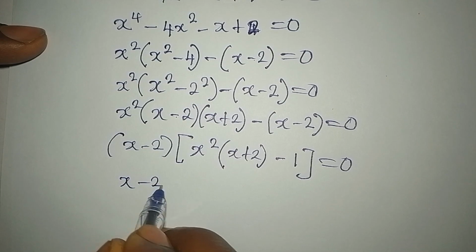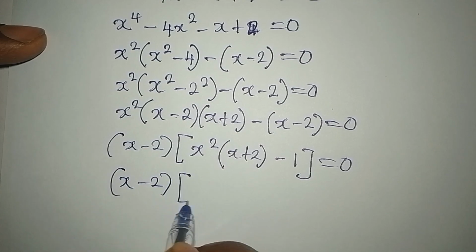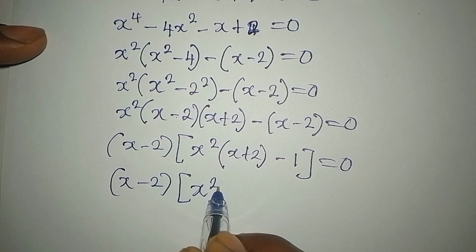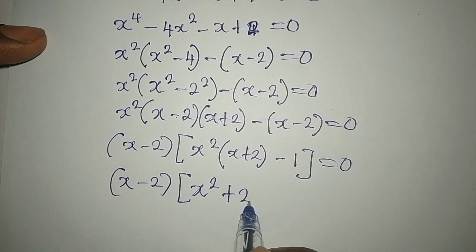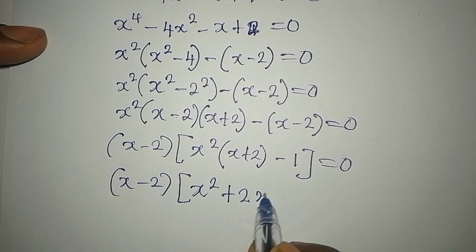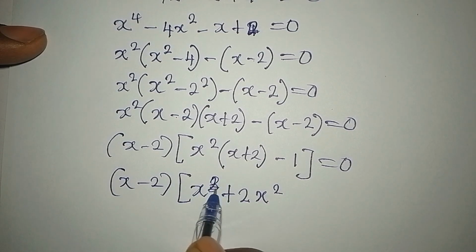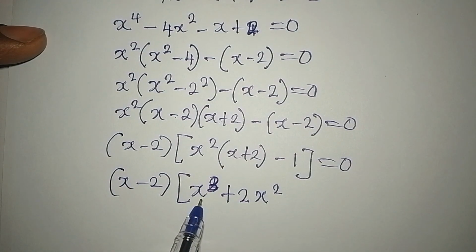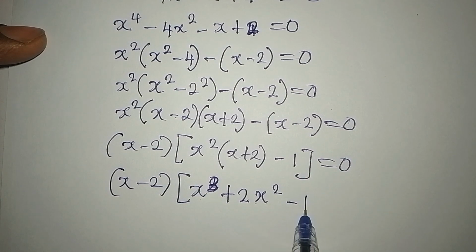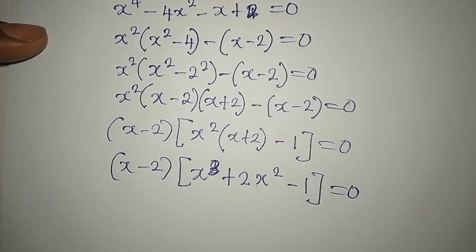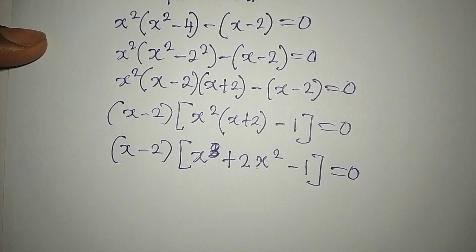Now x minus 2 is here. Then from here, we open this bracket, x squared times x is x cubed, that is x to the power of 3, plus 2x to the power of 2 minus 1. Close this and we shall have 0. Now what can we say?